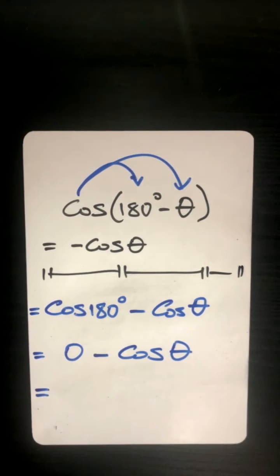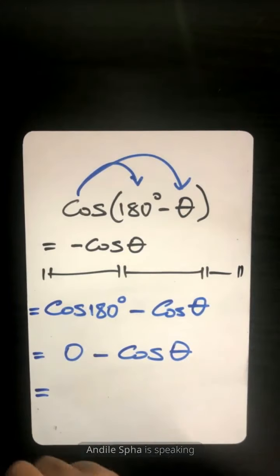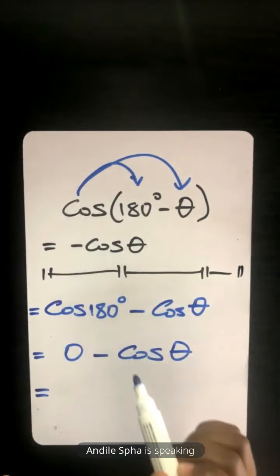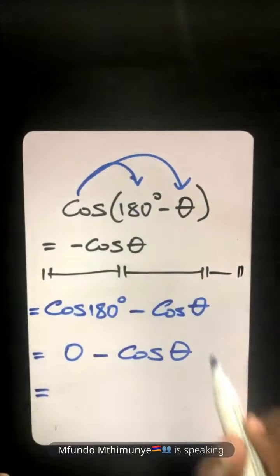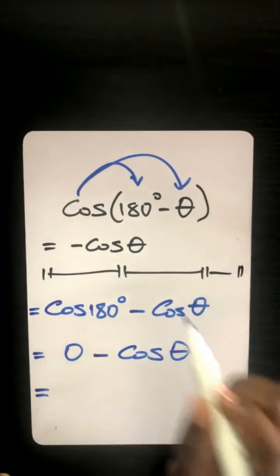Let me check with a tan. Tan 180. What is tan 180? It's also 0. So what I wanted to explain is best explained when we have got a sine.